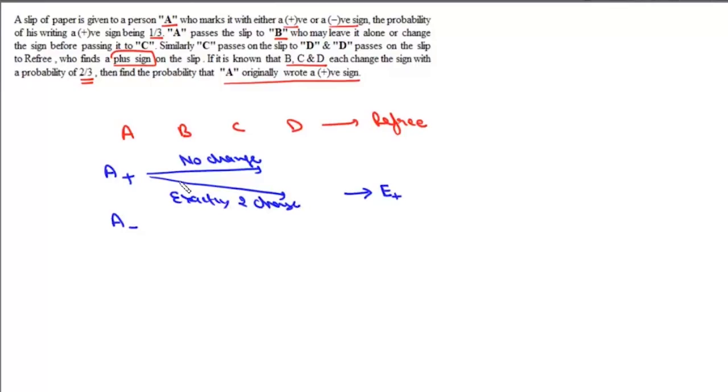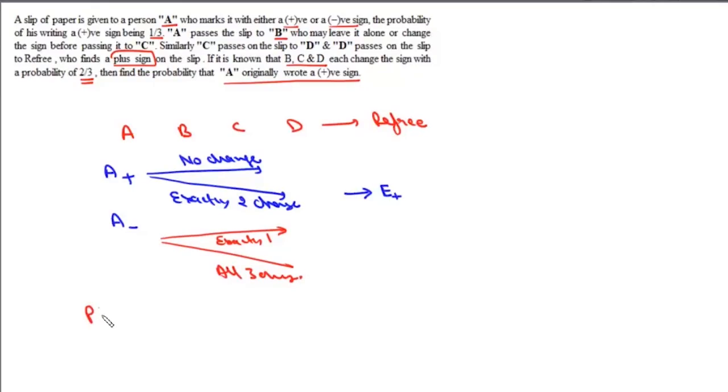So if they do not change the sign, then it goes from positive to positive, or if any 2 of them, either BC, CD or BD, change the sign, then again it'll be a plus sign. And if it starts negative, to go from negative to positive, again we'll have 2 cases. Case 1, when exactly one of them changes sign, and case 2, when all 3 change sign. So these are the 4 cases possible.